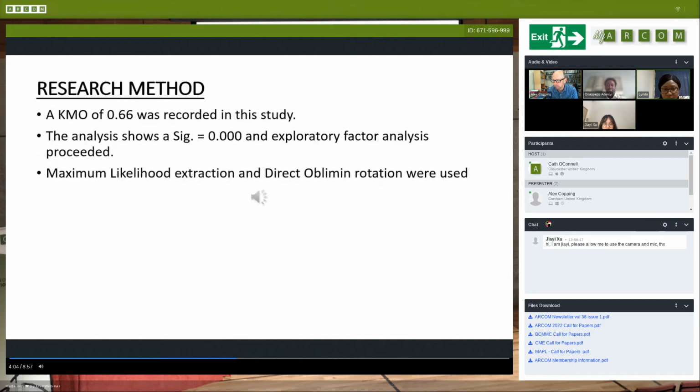The Kaiser-Meyer-Olkin measure of sampling adequacy was used to establish the appropriateness of data for factor analysis, and a value of 0.66 was recorded. Maximum likelihood extraction and direct oblimin rotation were utilized.